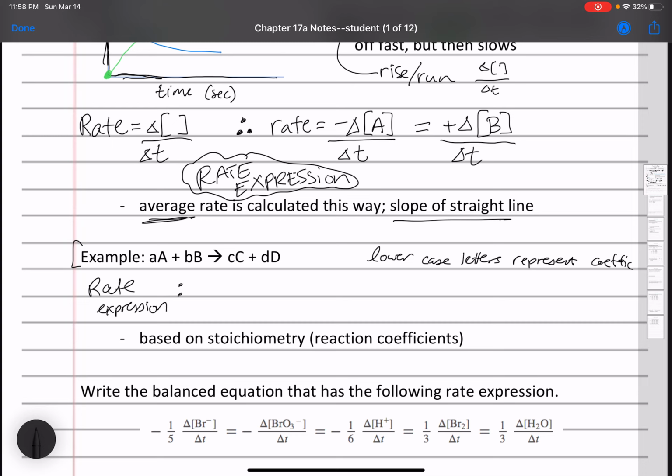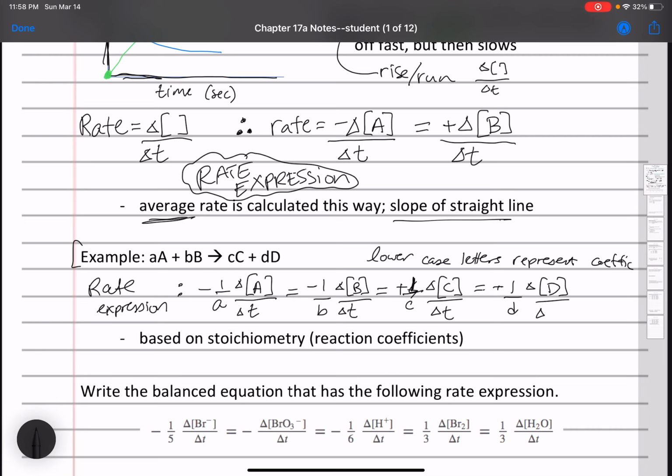would be as follows. So it's going to be the negative 1 over a, that coefficient, times the change in concentration of A over the change in time, which will also equal negative 1 over b times the change in concentration of B over change in time, which will equal positive 1 over c times the change in concentration of C over the change in time, and positive 1 over d times the change in concentration of D over the change in time.